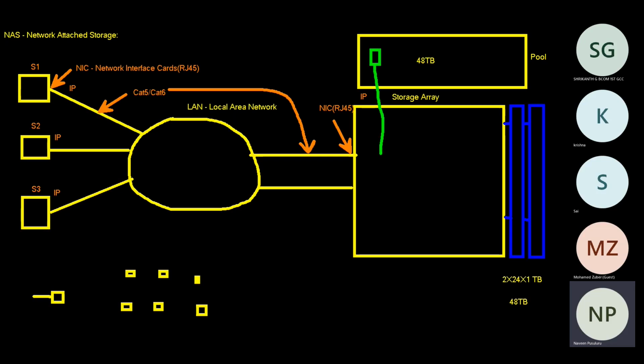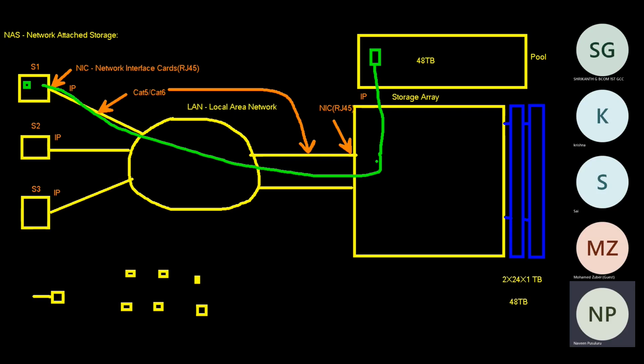And I'll do some configurations here, like this 50 GB logical partition should be visible only to this particular IP address. So that this logical partition will be visible to the server which is having that particular IP.